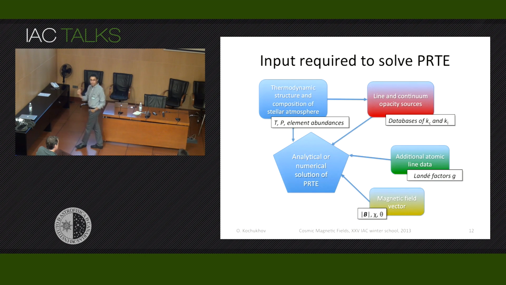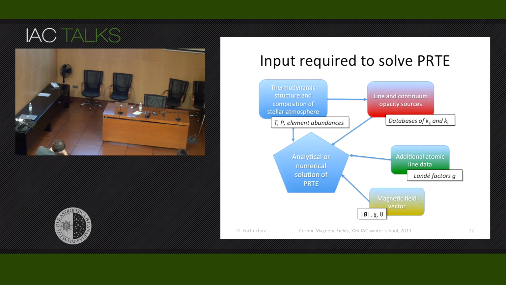So we need distribution with depth of certain quantities like pressure and temperature. So thermodynamic structure of the atmosphere. We can have a complicated situation with depth dependence of things, of abundances or magnetic field or velocities. This also needs to be prescribed, of course.